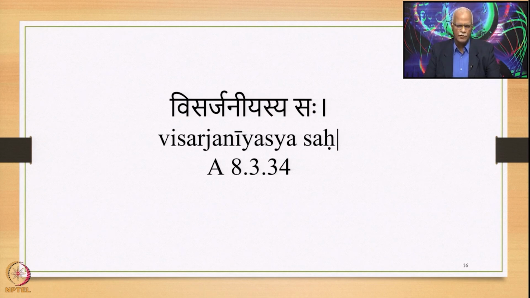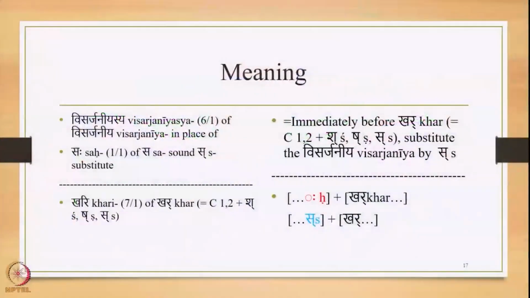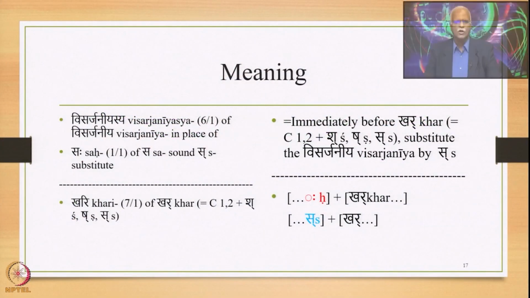Visarga being the substituent and something else is the substitute. In this case, Sa is the substitute. Let us study this sutra. This sutra, as we saw earlier, has got two padas, Visarjaniyasya and Saha. And the word continues in the sutra is Khari, which is 7/1 of Khar.